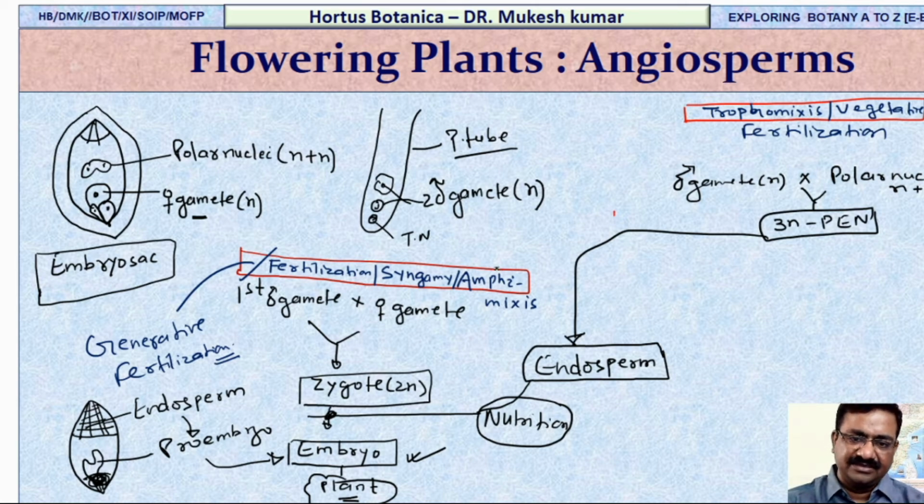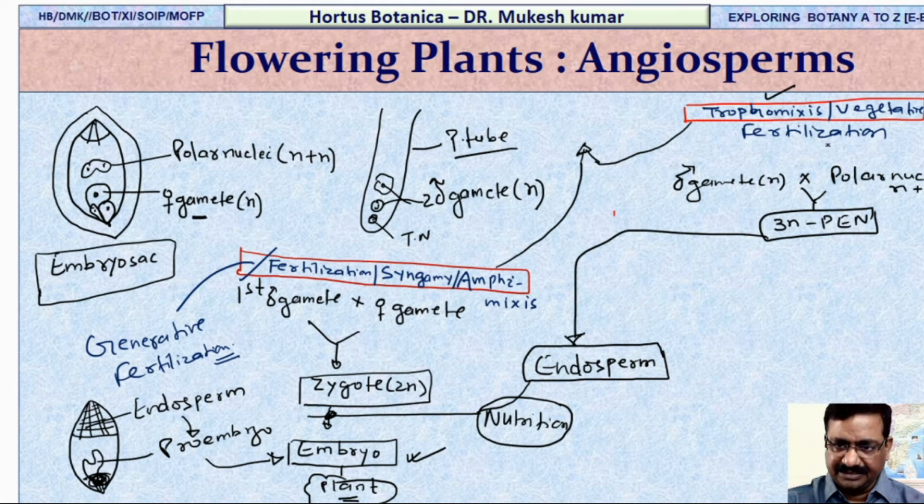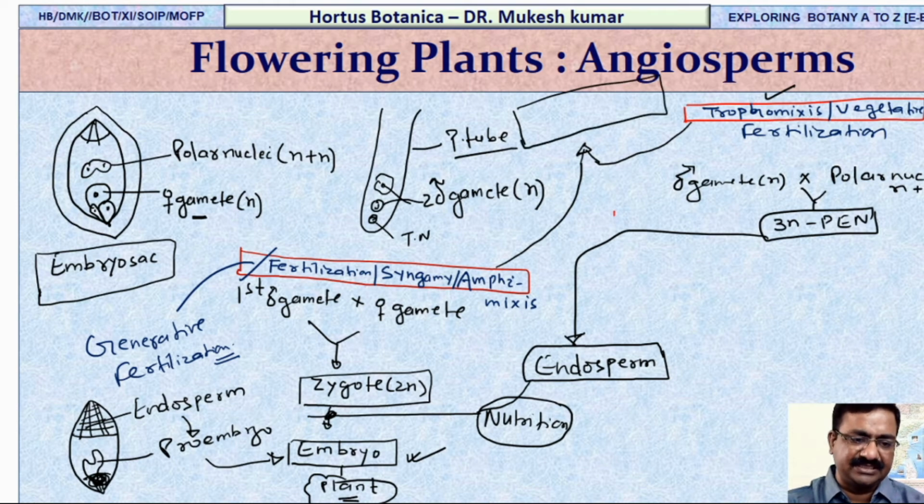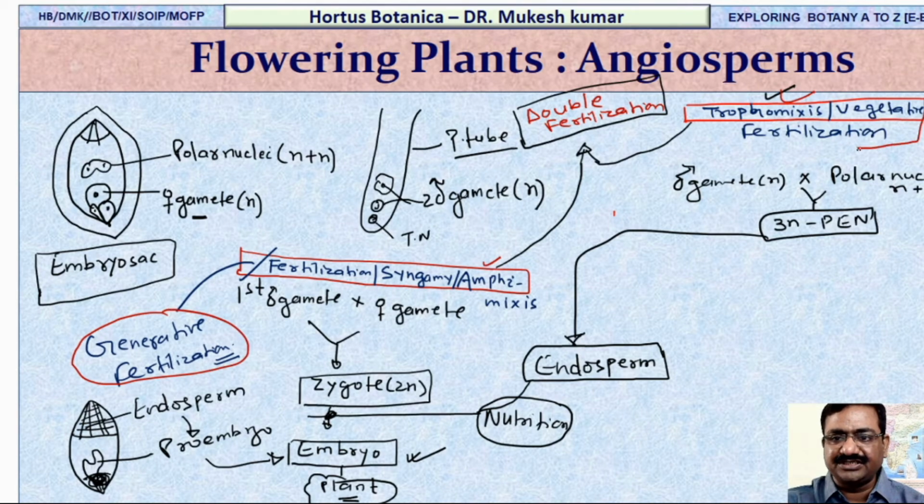So whenever these two processes, fertilization or syngamy and trophomixis or vegetative fertilization, together constitute a very important terminology, this is called double fertilization. So double fertilization involves amphimixis and trophomixis, generative fertilization or vegetative fertilization.